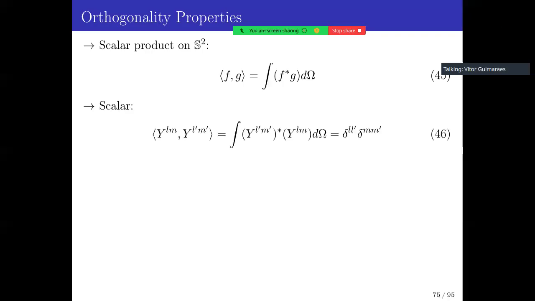And so, which means that to take the scalar product between two different scalar spherical harmonics is to take the complex conjugate of one of them multiplied by the other, take the integral over the two-sphere, and this will be equal to 1 if L is equal to L prime and M is equal to M prime. Otherwise, this will be 0. Okay.